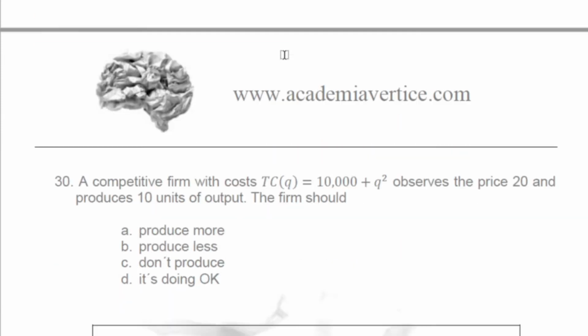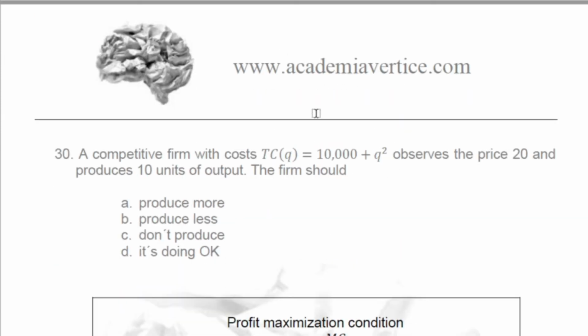And now, the 30th, and a little break. A competitive firm with costs 10,000 plus Q squared observes the price 20 and produces 10 units of output. The firm should, well, this exercise is very easy, but take care of this.